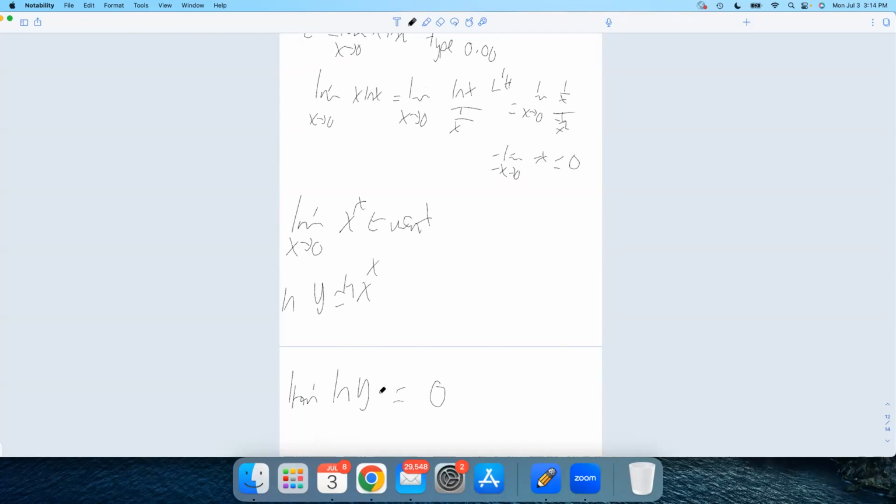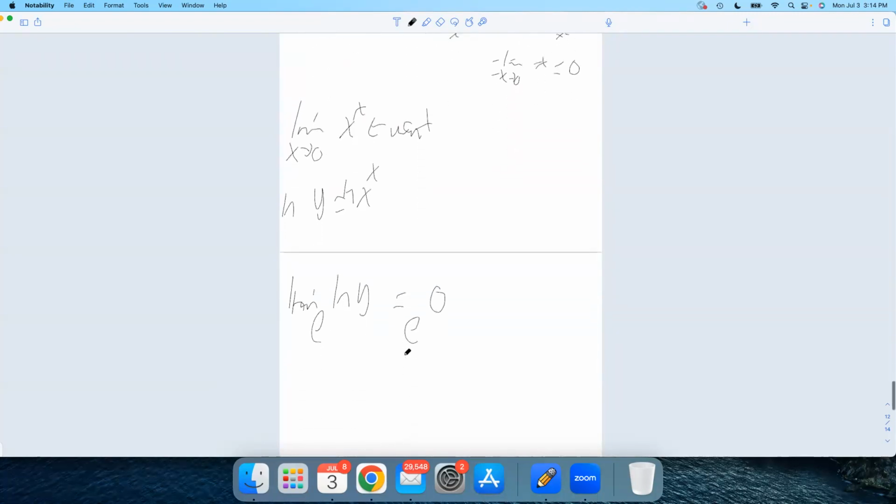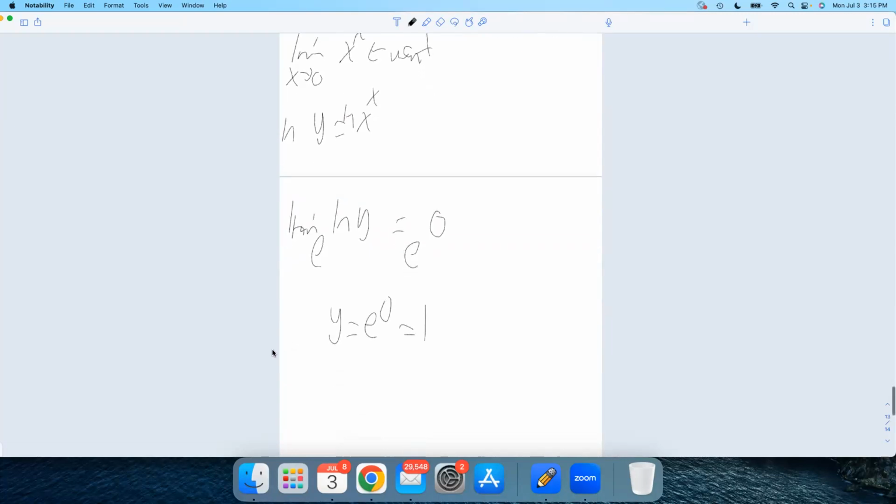I'm not after natural log of y, I want y. So we make both sides powers of e raised to the natural log. Those just cancel out, and we just get y equals e to the 0, which is just 1. So the limit as x approaches 0 of x to the x is 1.